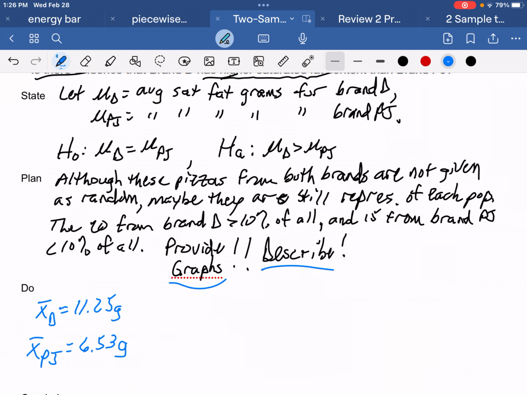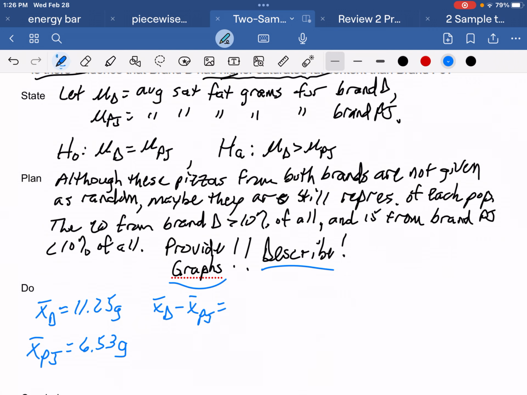I've got to grab my own calculator just to get that, so if you'll give me just a minute. Let's see. My calculator says that 11.25 minus 6.53 is 4.72 grams.